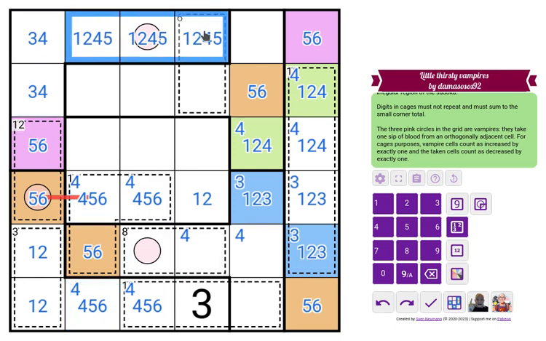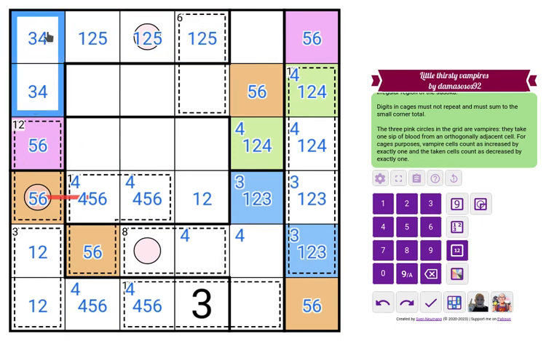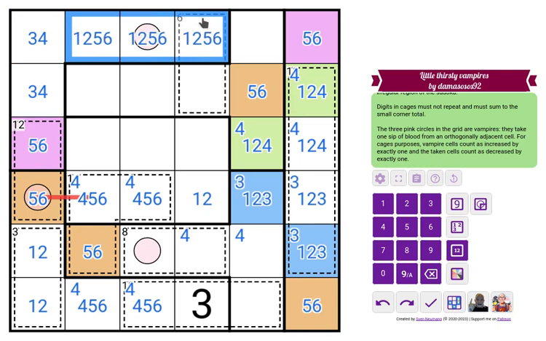Oh, there's no 4 here. 2, 5, or 6. Which is the purple one, not this one. The orange one.